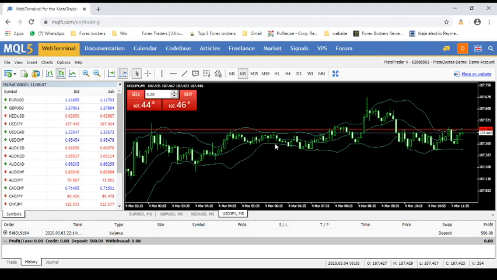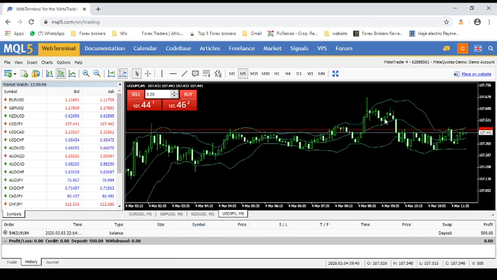So this is the lower band, this is the upper band, and this is the middle line. And as you can see, each candle represents price. And price is moving in between the upper band and the lower band. So price usually moves in between the upper band and the lower band.